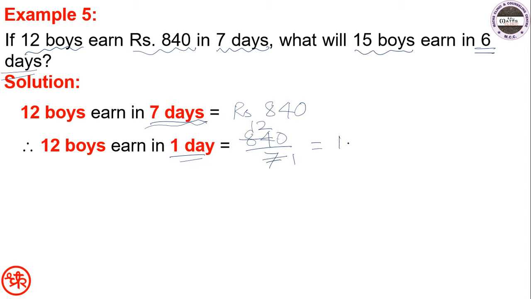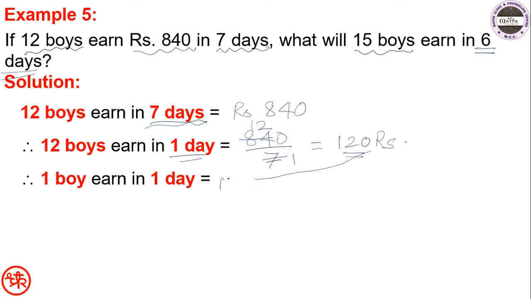So that is equal to 120 rupees. Is that clear? And therefore, 12 boys earn in one day 120 rupees. So one boy will earn in one day, therefore, one boy earns in one day is what? Again, 120 divided by 12. From 12 boys, we are determining one boy. So that is equal to rupees 10.